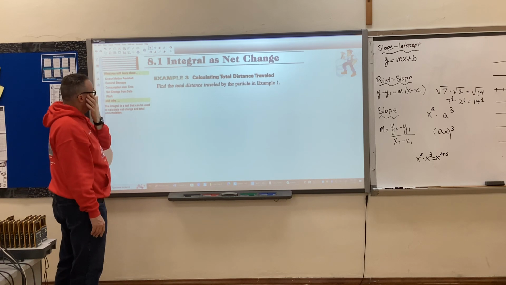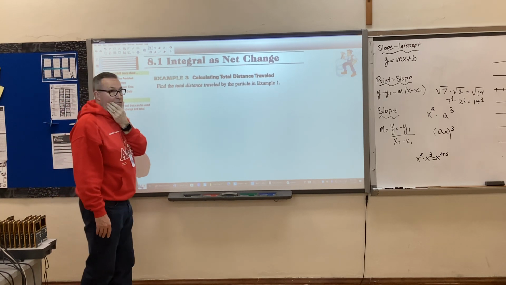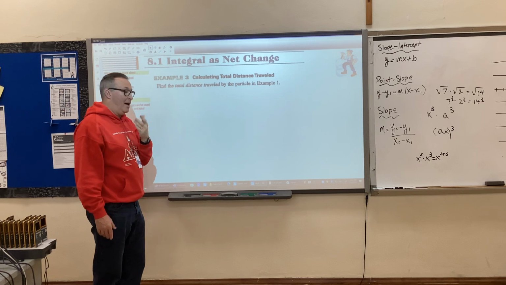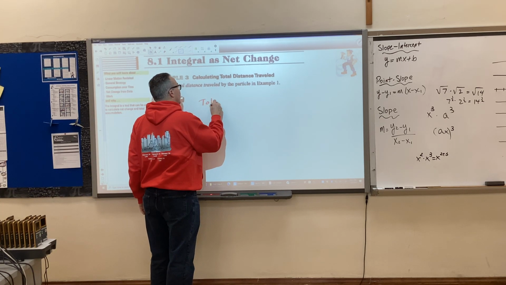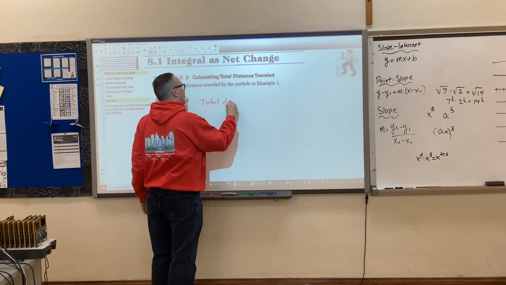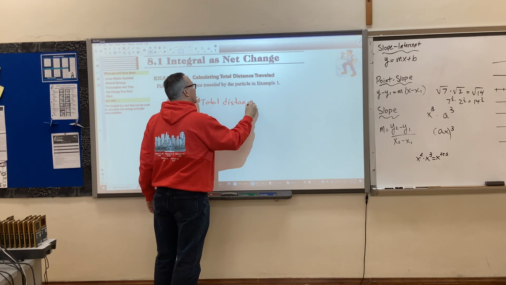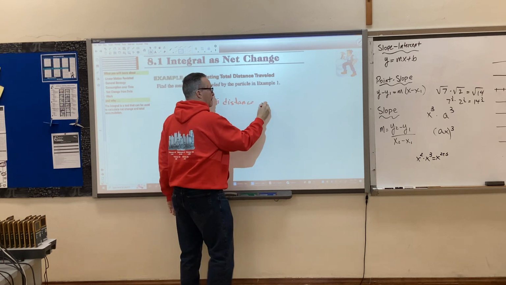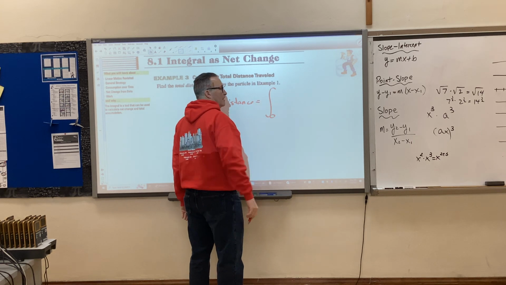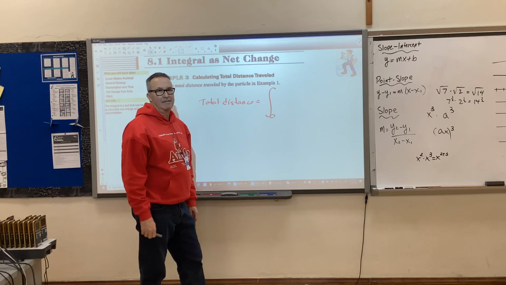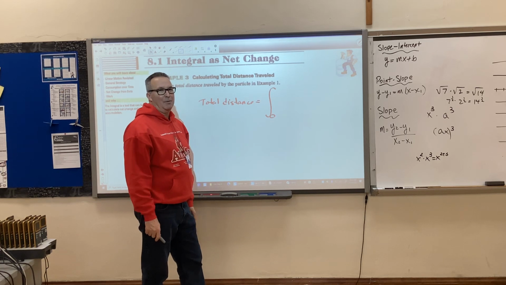Calculating total distance traveled. Find the total distance traveled from example 1. How do you do that? Is it 0 to 5? Yeah, example 1.